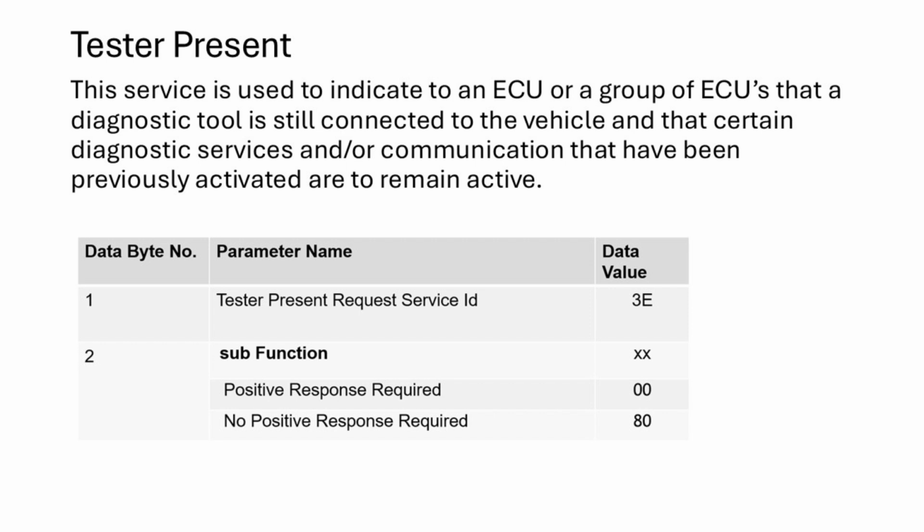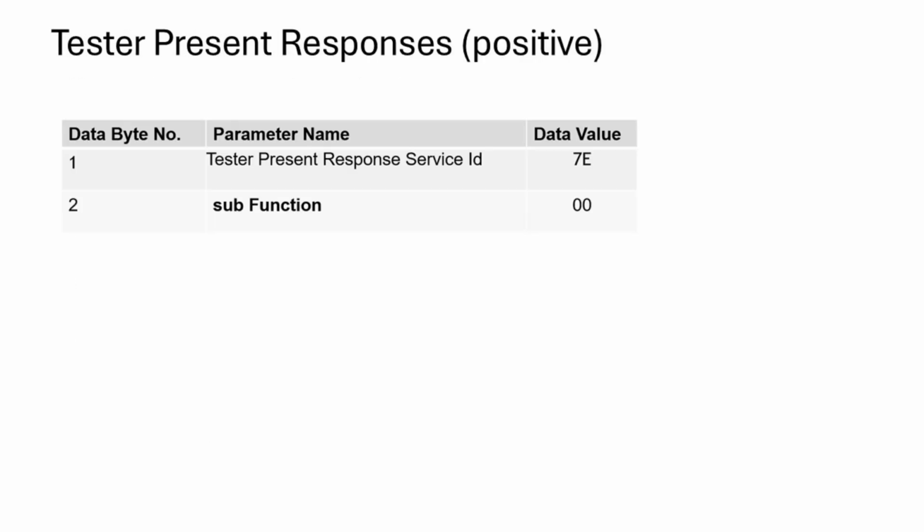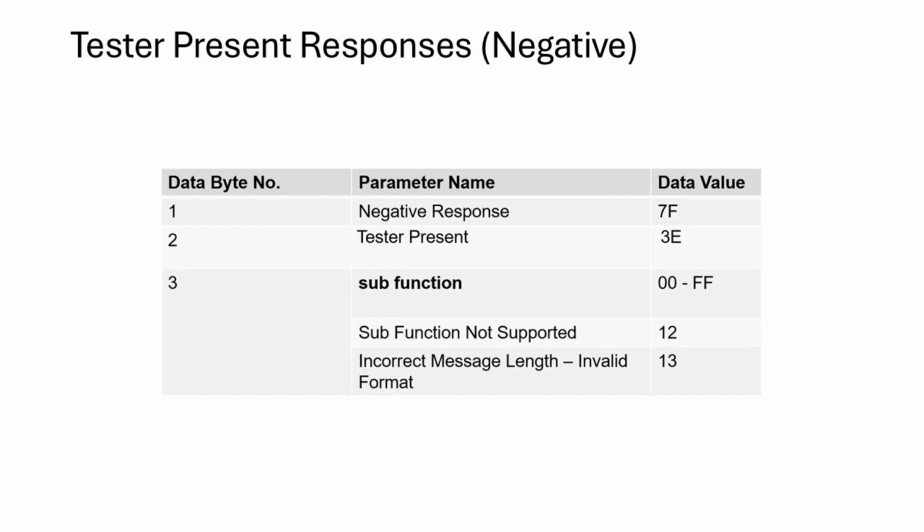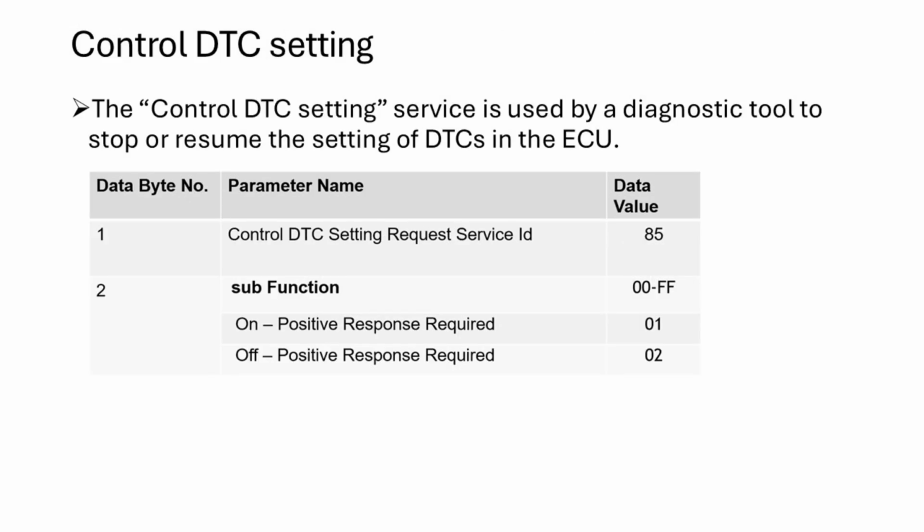Then you won't see any response, but it will keep the session extended. The positive response is 7E00, and you can see subfunction not supported 12, and incorrect message length or invalid format. So these are the two negative responses supported.